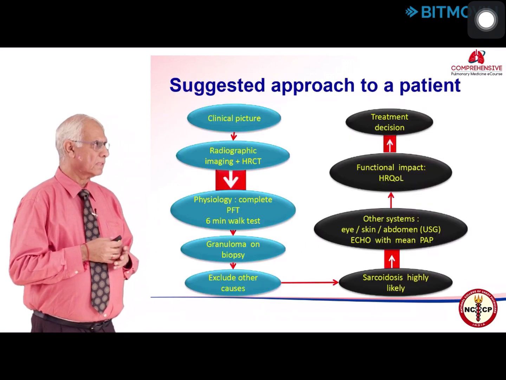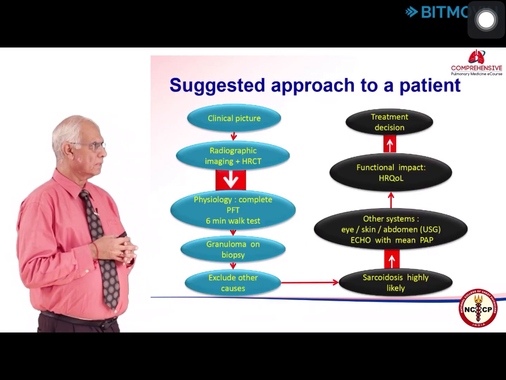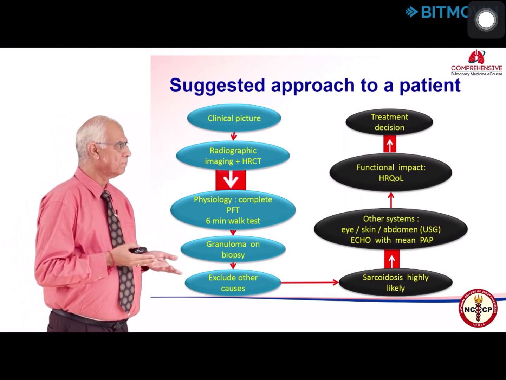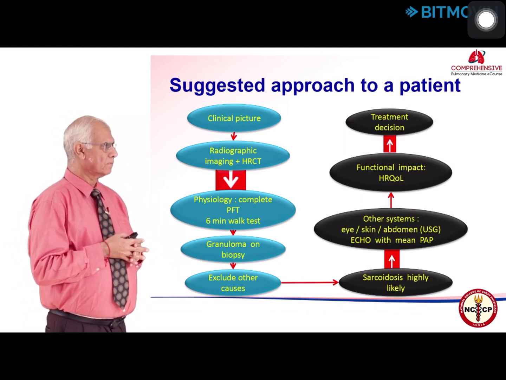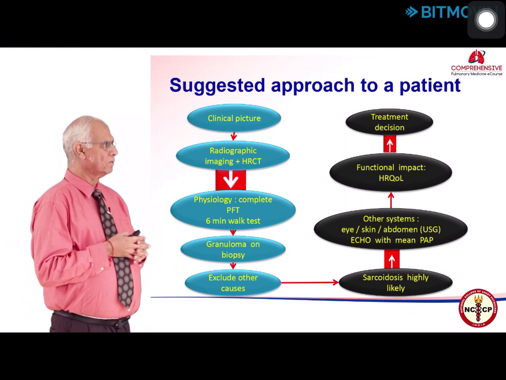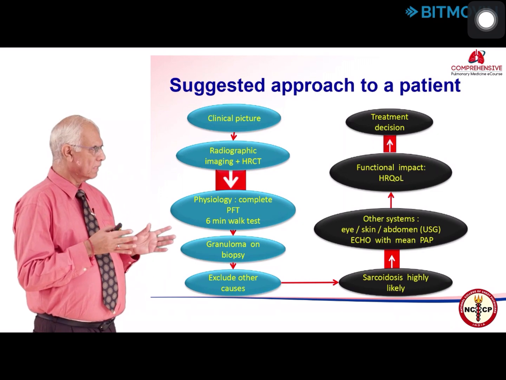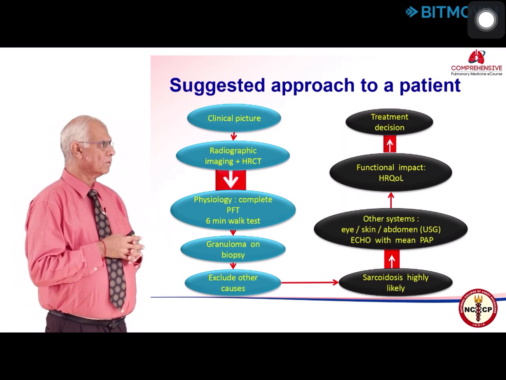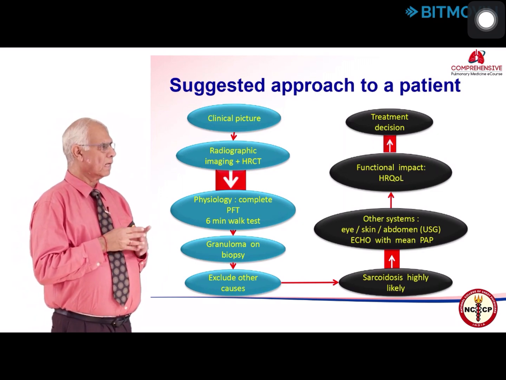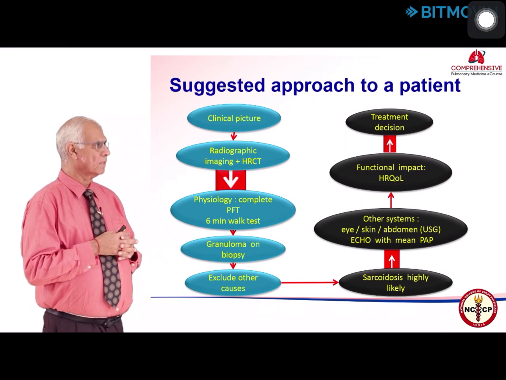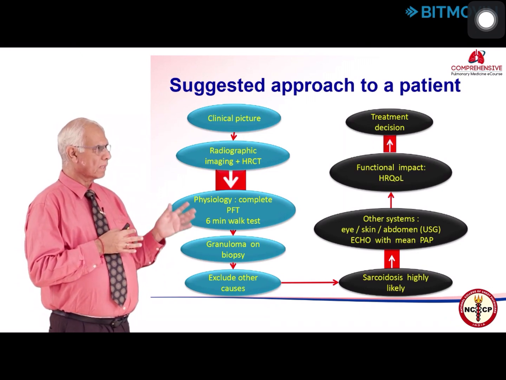Now, this is the suggested clinical approach to a patient. You have a look at the clinical picture. Of course, the imaging is very important, and after that you do the physiology, you do a complete PFT, 6-minute walk test, and after that when you are somewhere near the diagnosis, you do a biopsy. So you have a granuloma on biopsy, and granulomas can be caused by many things, so exclude other causes.